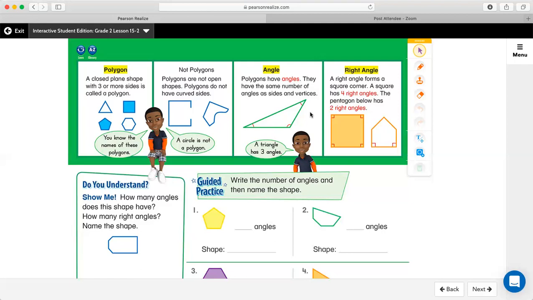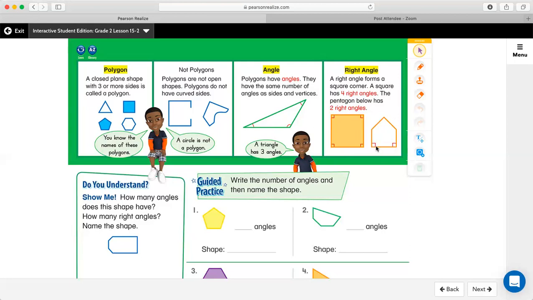And our final shape is going to be a right angle. And a right angle forms at a square corner. So a square itself has 4 right angles. You can see those here. And we mark a right angle by making a step, basically. And here is, excuse me, a pentagon.